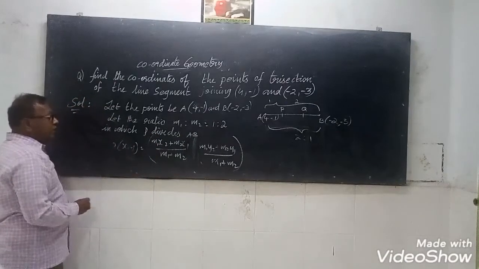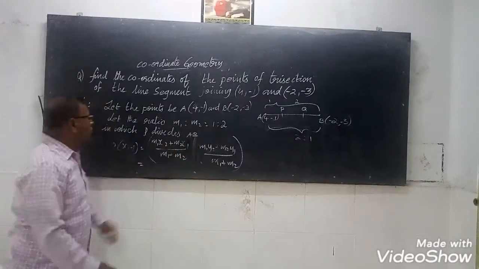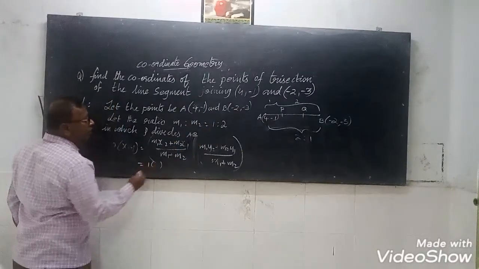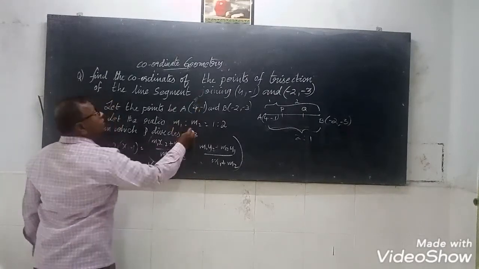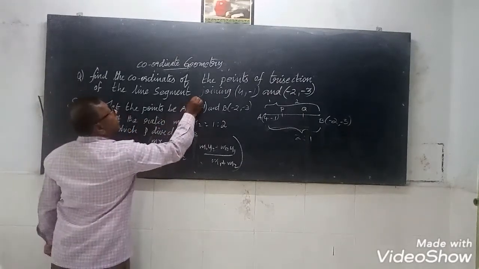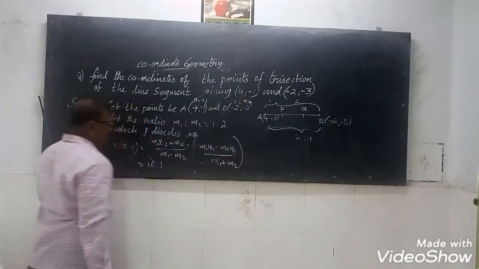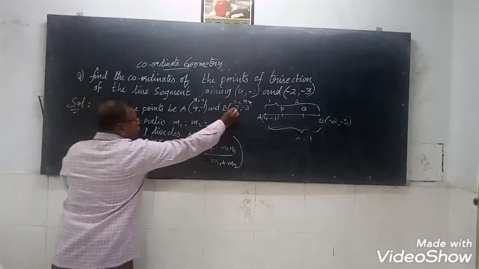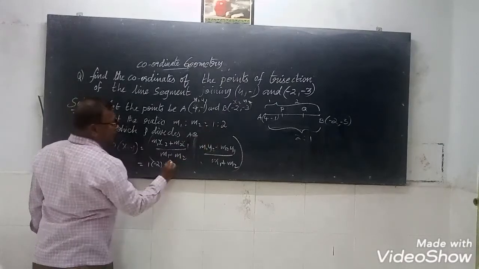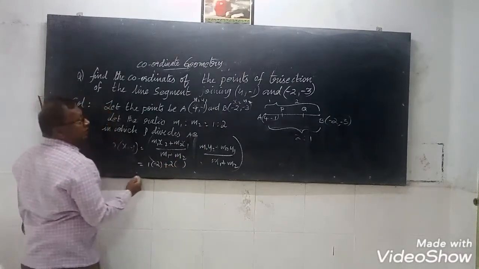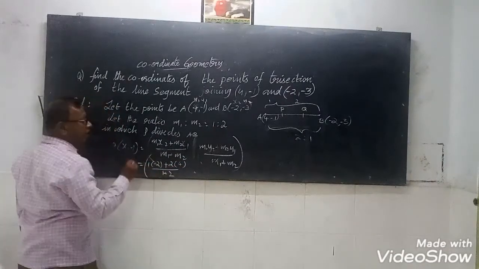Now here, what is M1? M1 is 1 and M2 is 2. So 1 into x2. This is x1, y1 as usual, and this is x2, y2. M1 x2, x2 is minus 2, plus M2, M2 is 2, into x1, it is 4, by 1 plus 2, comma.